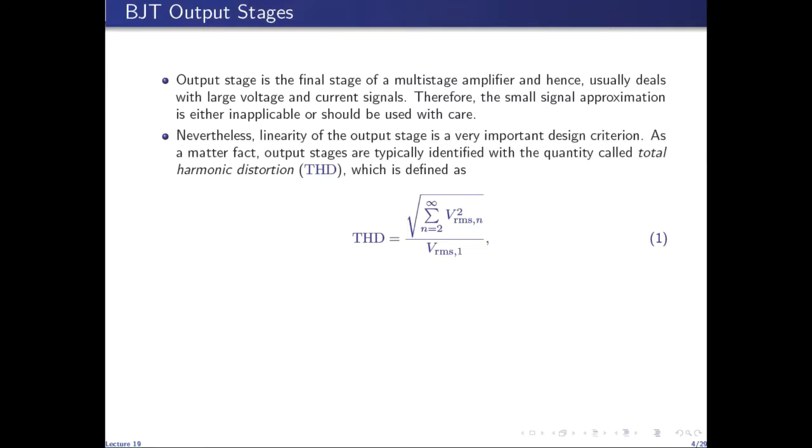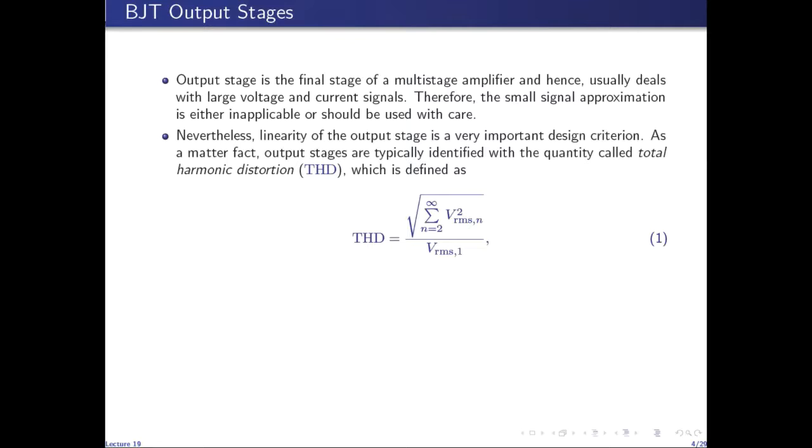If the output signal is not sinusoidal, then from Fourier analysis, we know that we can represent it as a weighted sum of sinusoids, in which the component that corresponds to the fundamental frequency is called the fundamental component, and that is the intended output of the output stage.